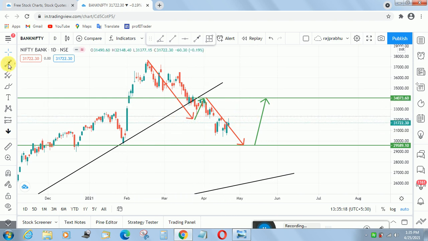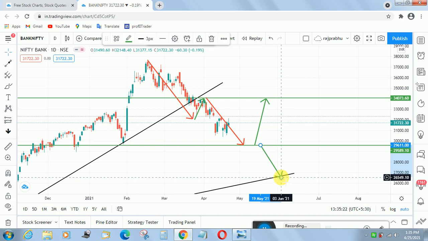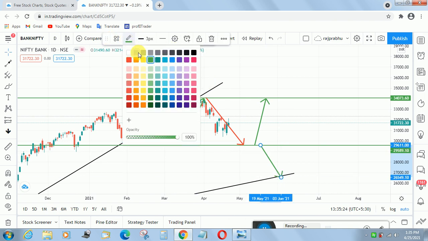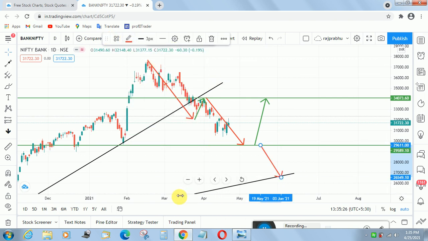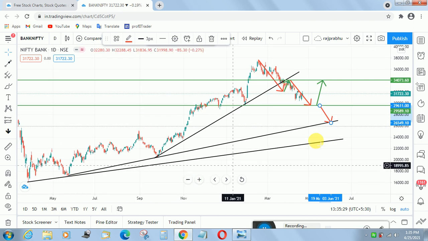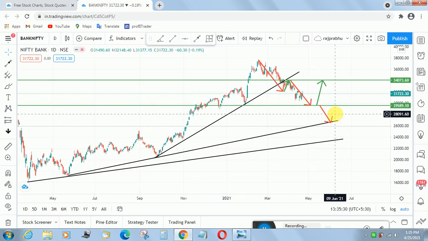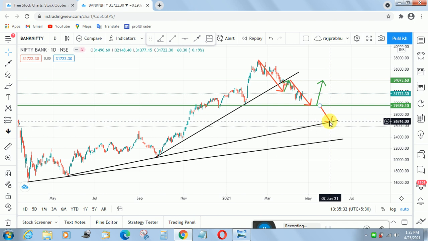The chances are it may happen also. It's very simple. If the trend continues, it takes support from this line, or it takes a recent support.